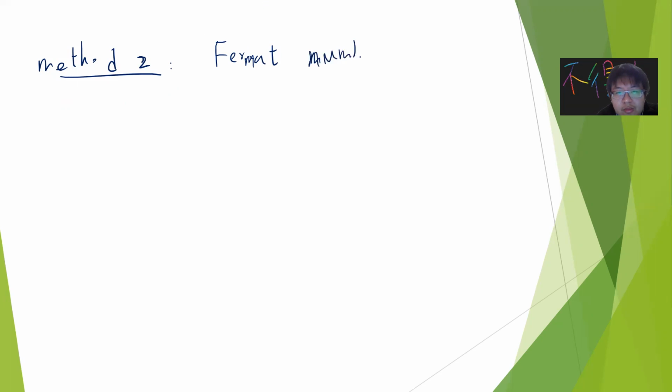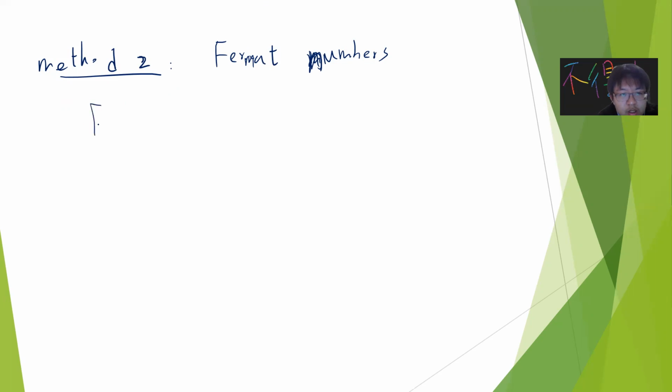Okay, so method 2. Method 2 is also a high school idea, but basically using the Fermat numbers. We do the same thing, right?